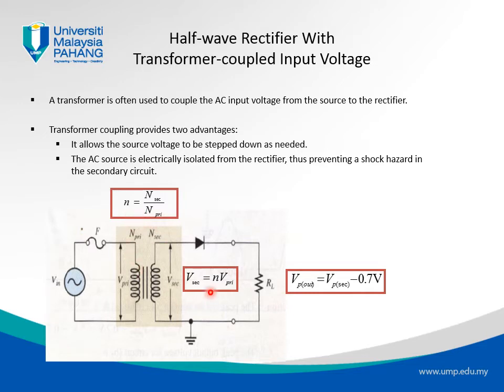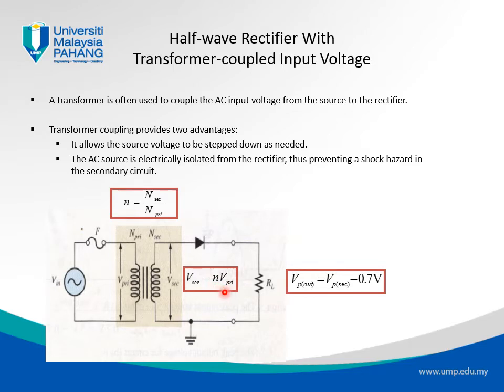So the V secondary will be equal to N multiplied by the V primary, right? For example, if N is larger than 1, it means V secondary is higher than V primary. It means it's a step up. But what we usually have is N lower than 1 to step down the voltage. So we have a V secondary which is smaller than the V primary, right?